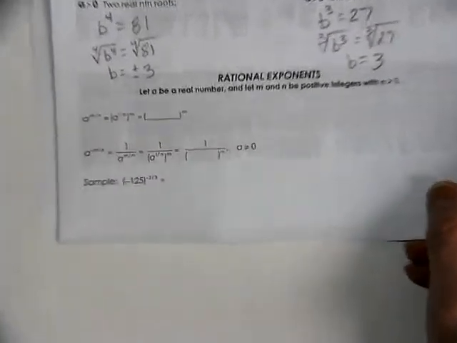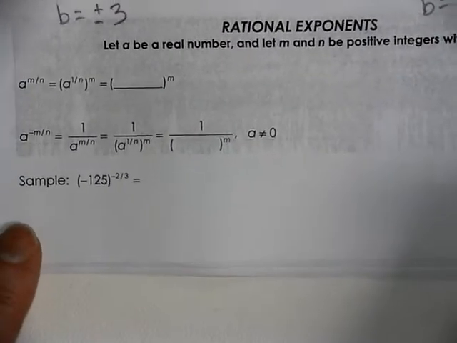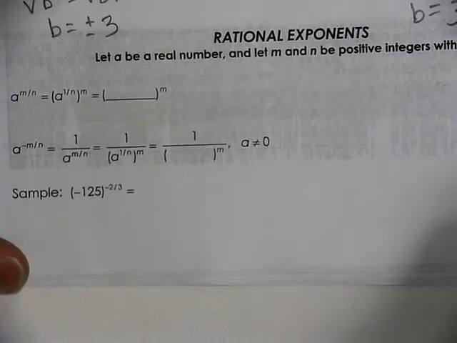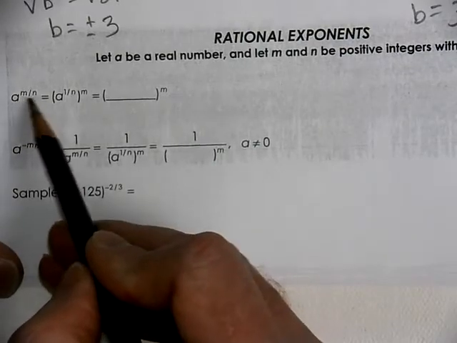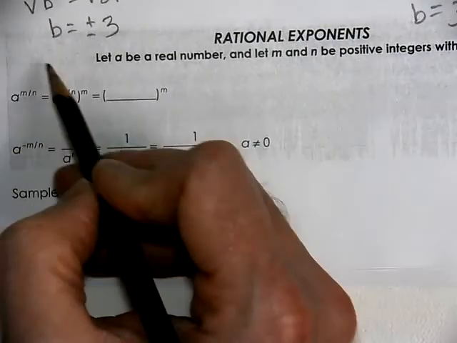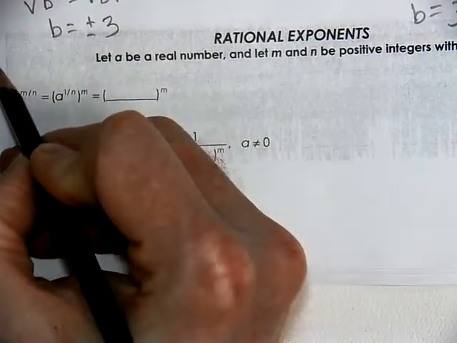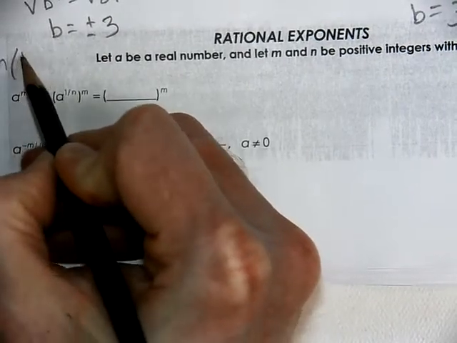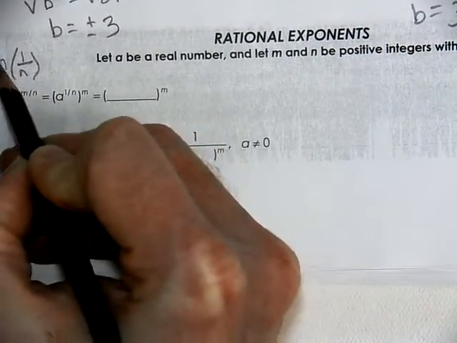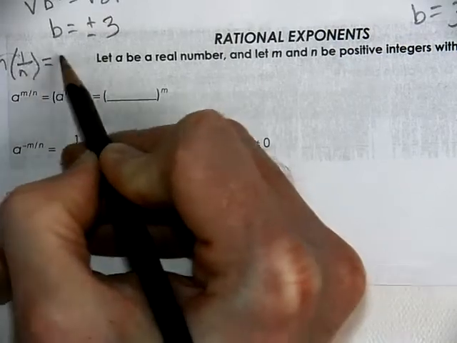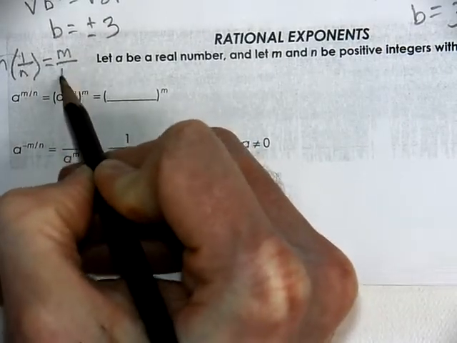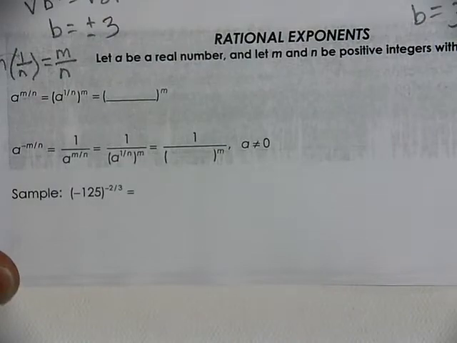But that is when we're solving equations. Here, we're looking at our fractional exponents. And you already know that when you take a value times a fraction, you multiply just the top of the fraction. So that's how you get m over n.